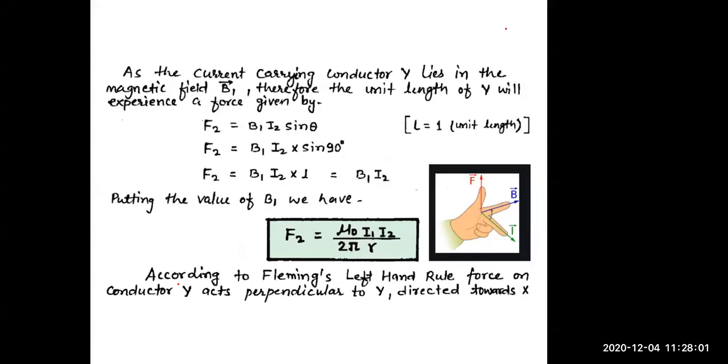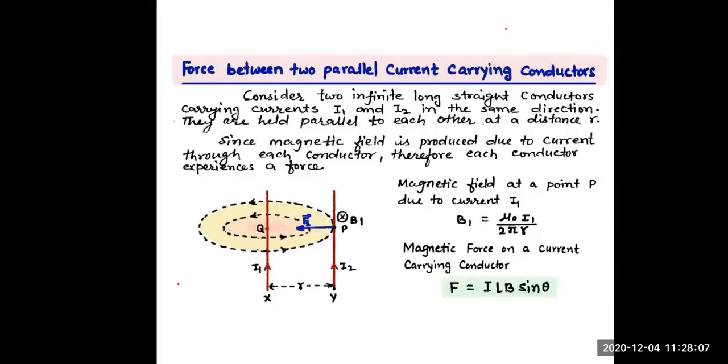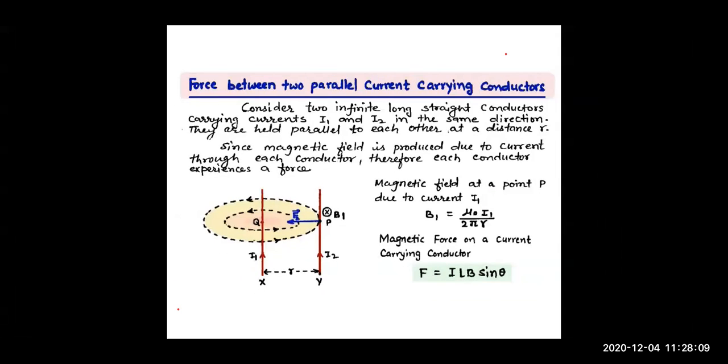Right, children? Now, similarly, we are going to consider point Q, and this point Q is on wire 1. Look here, this is Q. Now, what current is flowing in it? I2. Because of this current at point Q, a magnetic field will be produced, and that magnetic field will be B2.